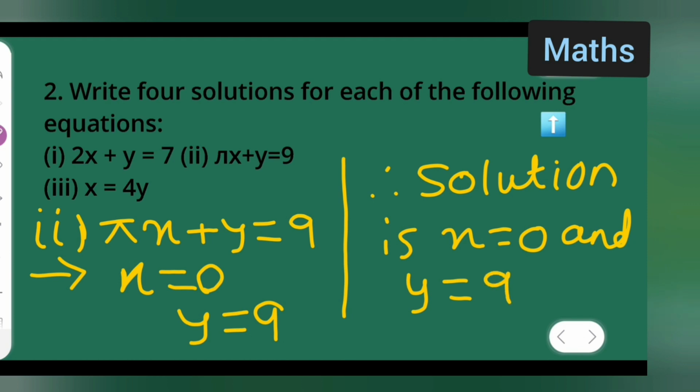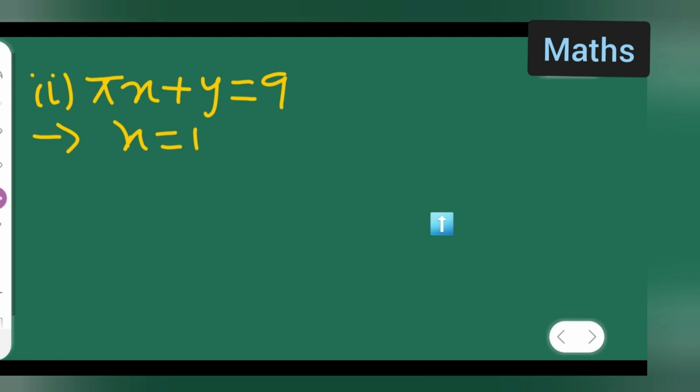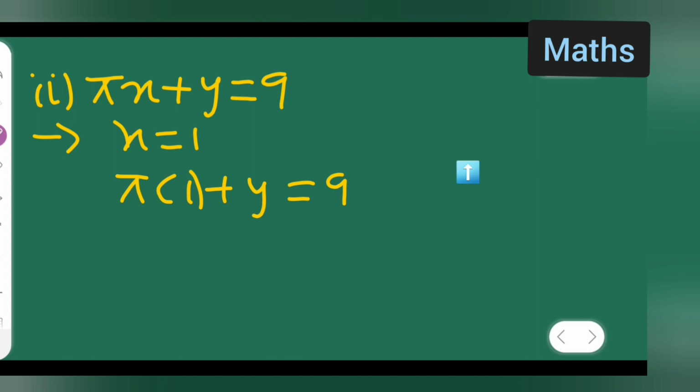Okay, now let us find the second solution. Take the same equation, pi x plus y is equal to 9, but instead of x is equal to 0, we are done with the first solution. Now we have to find the second solution. So take x is equal to 1. Pi into 1 plus y is equal to 9, so we get pi plus y is equal to 9.